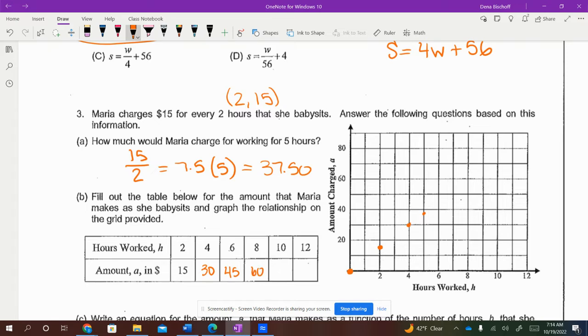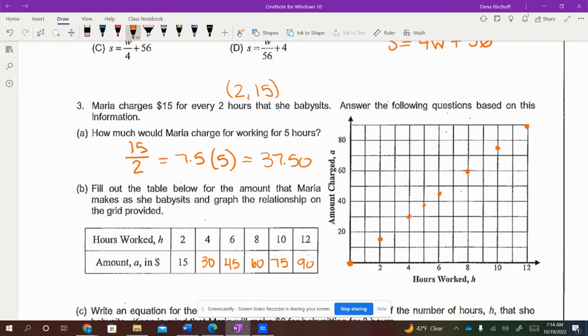If she worked 10 hours, 10 times 7.5 is 75. And if she worked for 12 hours, 12 times 7.5 is 90. So if I plot those points, 2 hours is 15, 4 hours is 30, 6 hours is 45, 8 hours is 60, 10 hours is 75, and 12 hours is 90.